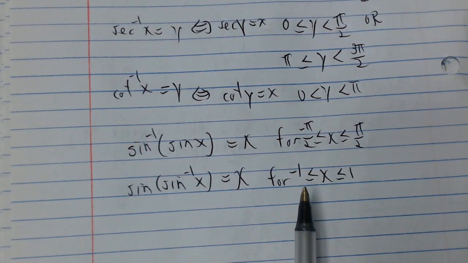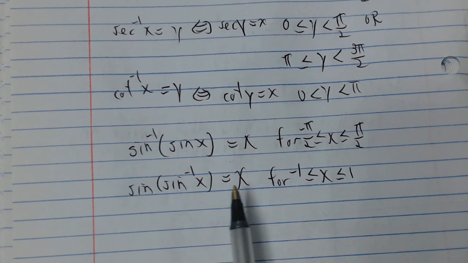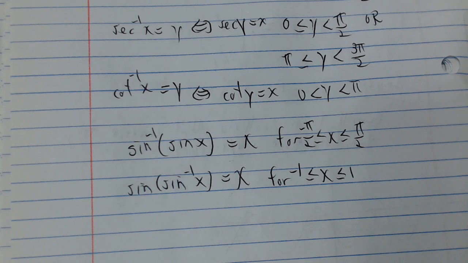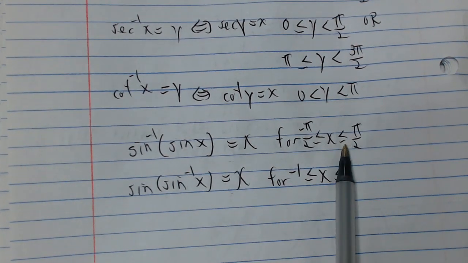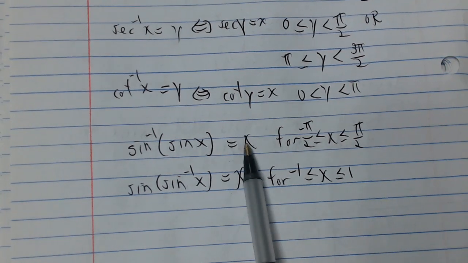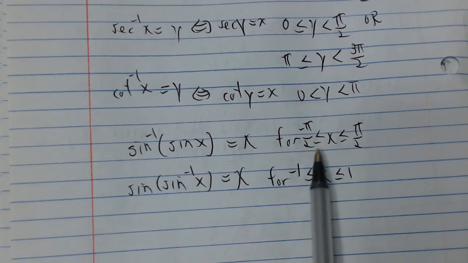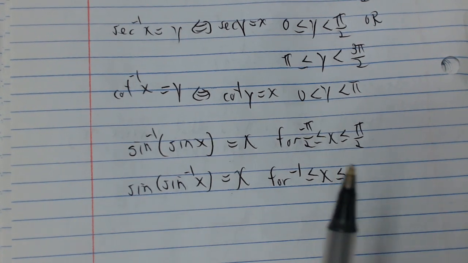So if x isn't between negative 1 and 1, then this is going to be undefined, because it's impossible for sine to have an output greater than 1 or less than negative 1. Okay, so for these, if x is not in the restriction, we can adjust it. Because remember, in analysis, when we talked about trig, we talked about coterminal angles, which means they land in the same place, so I could adjust it. But if this one is out of bounds, there's nothing I could do. There are no adjustments I could make.